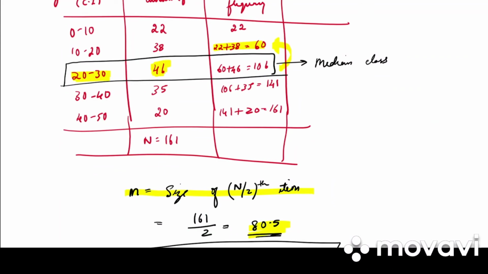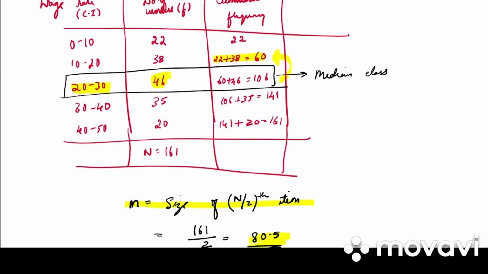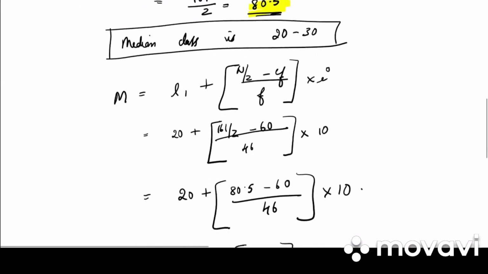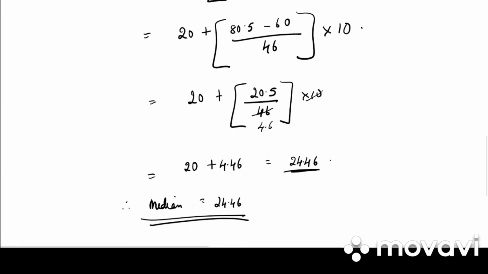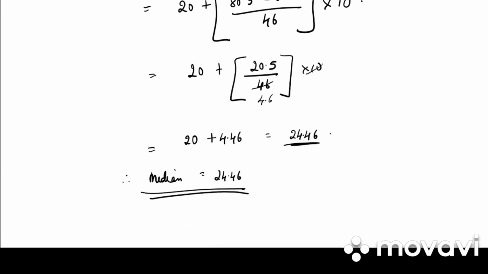Cf will be the cumulative frequency of the preceding class interval. f is nothing but the frequency of the median class. And then we need to substitute and we get the answer. Clear?